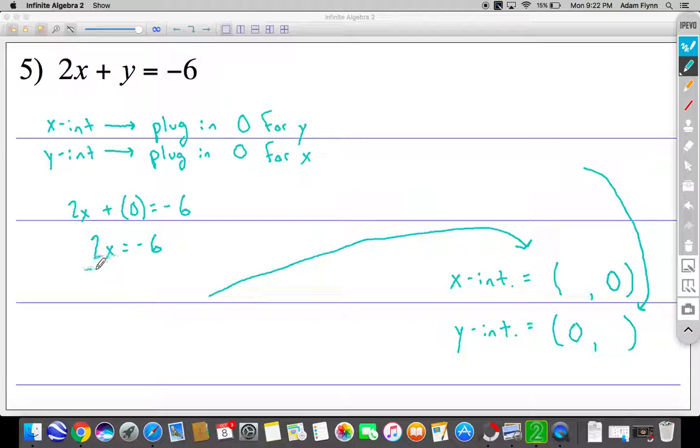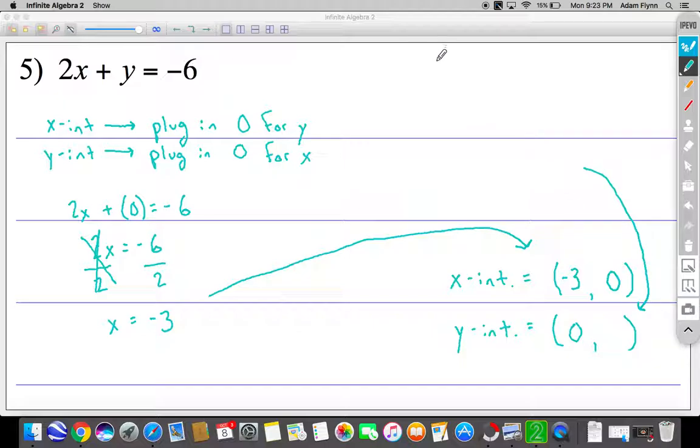I can divide both sides by 2. These 2's cancel. So we're left with x equals negative 6 divided by 2. And negative 6 divided by 2 is negative 3. So I'll take that negative 3 and plug it in for my x-coordinate over here. So this line crosses the x-axis at the point negative 3, 0.